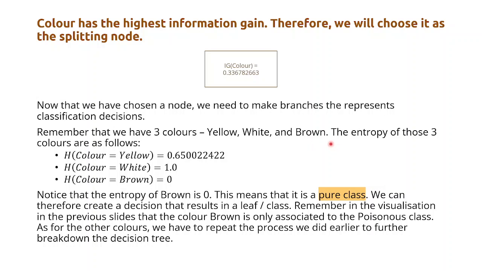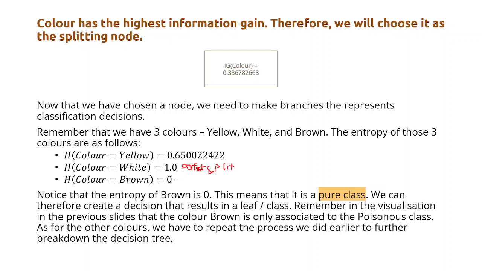The entropy of those three colors are as follows: yellow is 0.65, white is 1, and brown is 0. An entropy of 1 means a perfect split, like 50-50, one half in one class and the other half in another class.